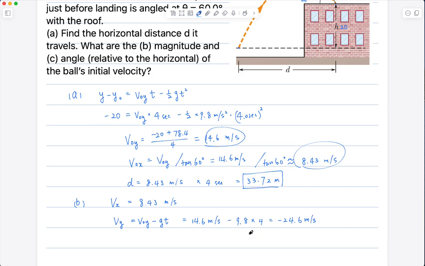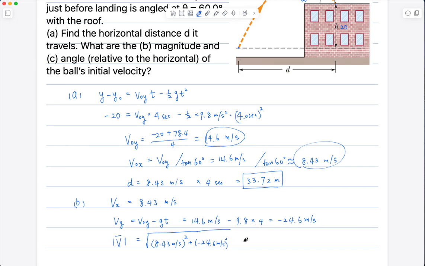We want to find the magnitude. The magnitude of the velocity we can calculate as the square root of 8.43 meters per second squared plus negative 24.6 meters per second squared.